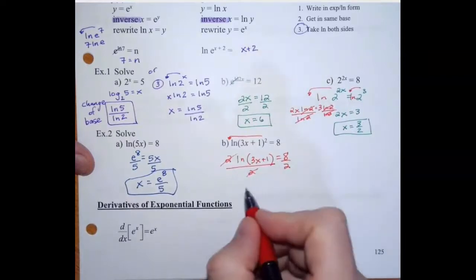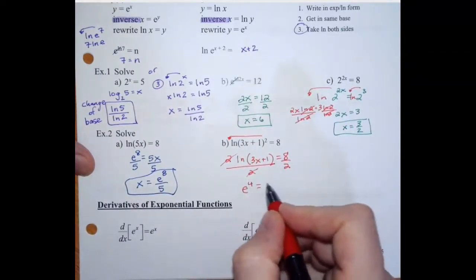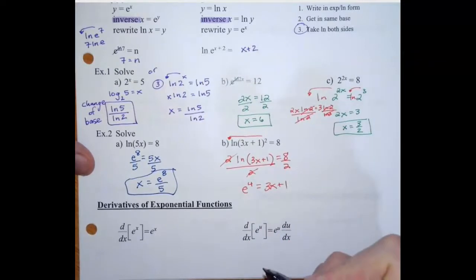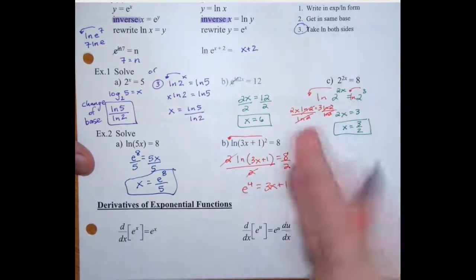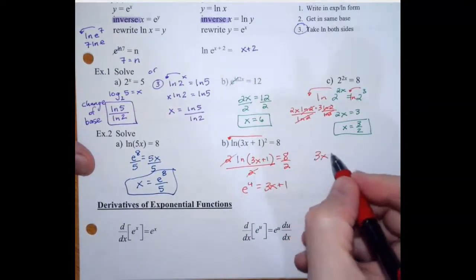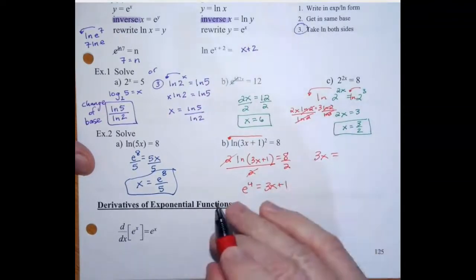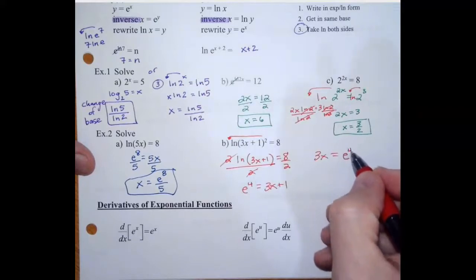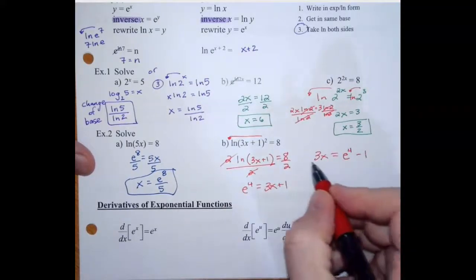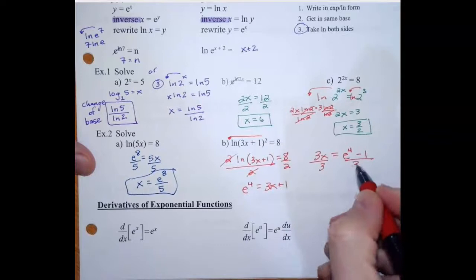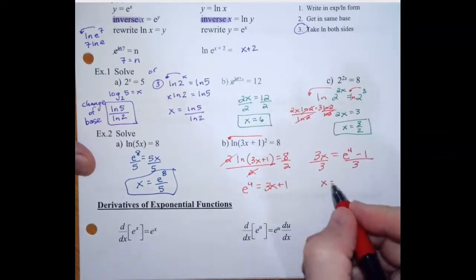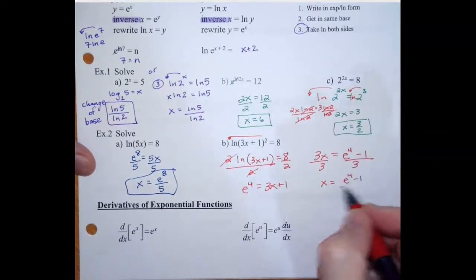So e to the 4th power equals 3x plus 1. I'm going to flip the whole thing. Most people like the x on the left side better there a little bit. So that's going to be e to the 4th minus 1. And then we're going to divide both sides by 3. So that's it for that.